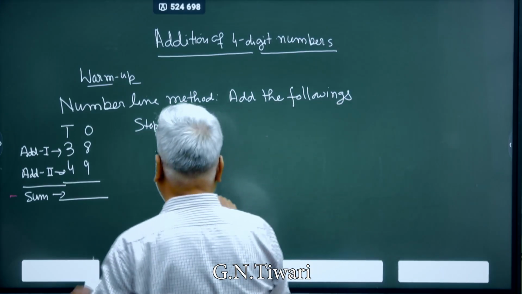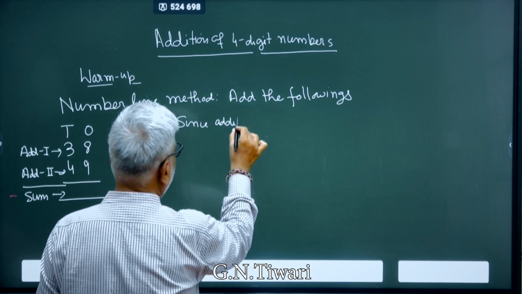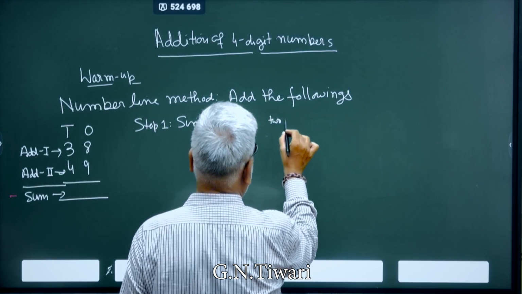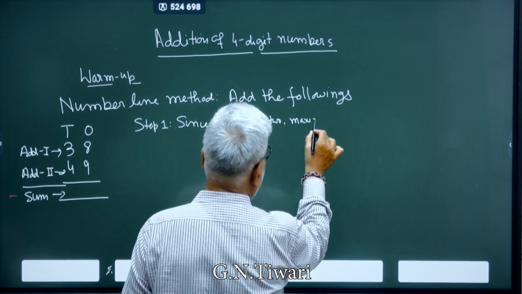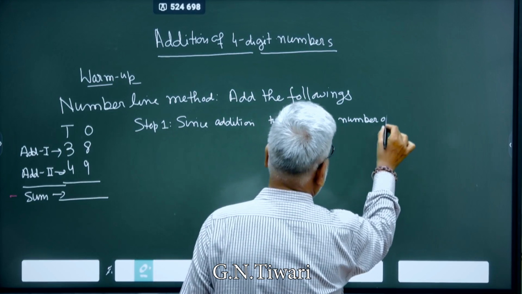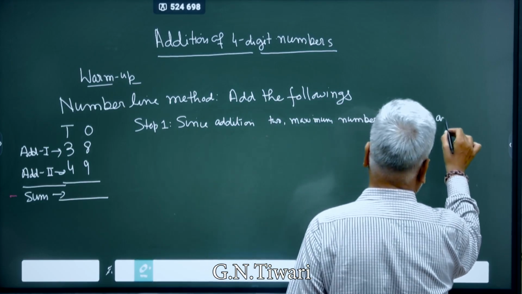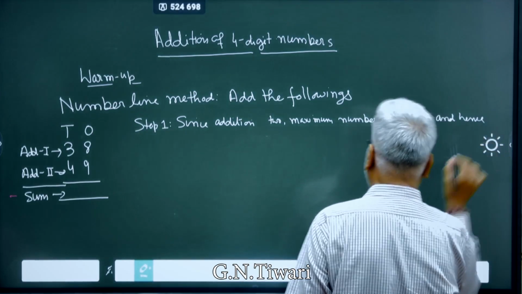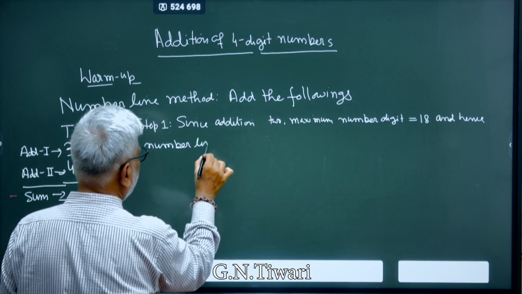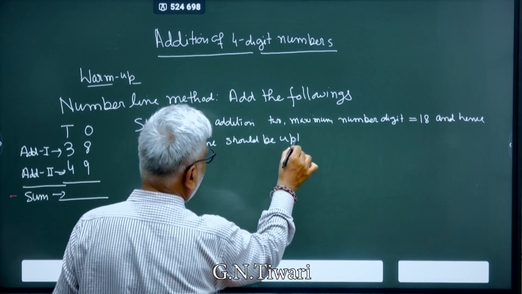So here I am writing: since the addition of two maximum one-digit numbers is equal to 18, hence the number line should be up to 20.